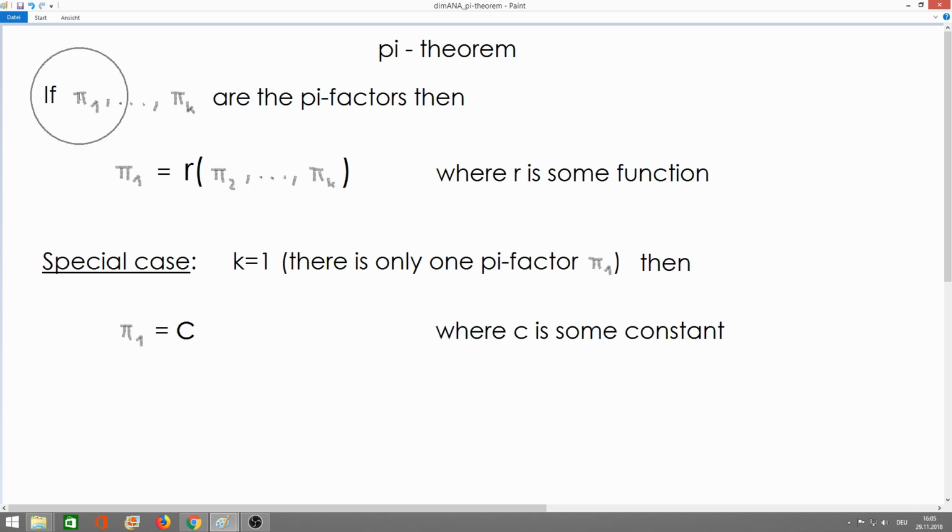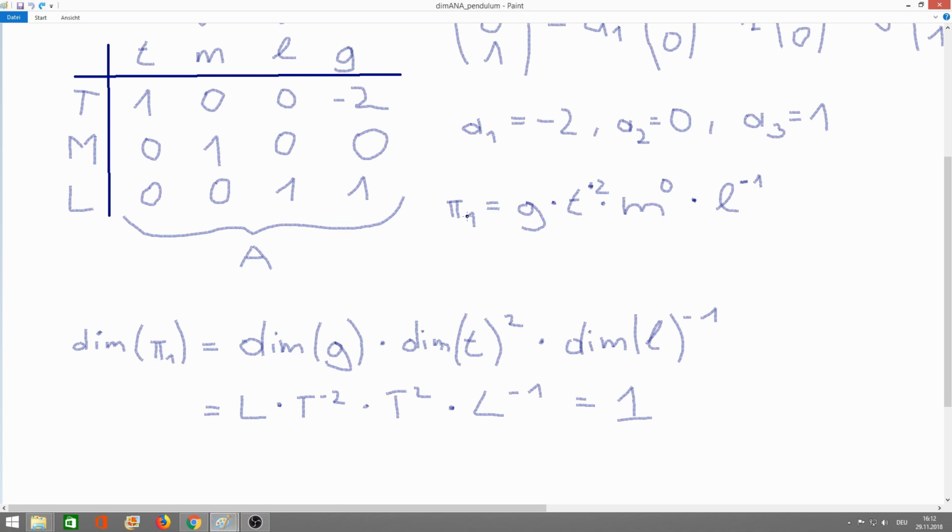So if pi1 to pi k are the pi factors, then pi1 is equal to r of pi2 to pi k, where r is some function. A special case is k is equal to 1. This means that there is only one pi factor pi1. Then pi1 is equal to c, where c is some constant. So in our example, we only have one pi factor.